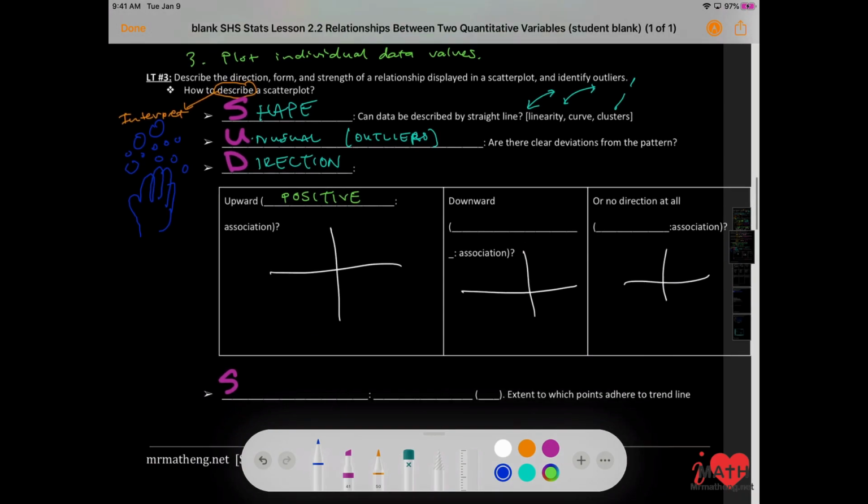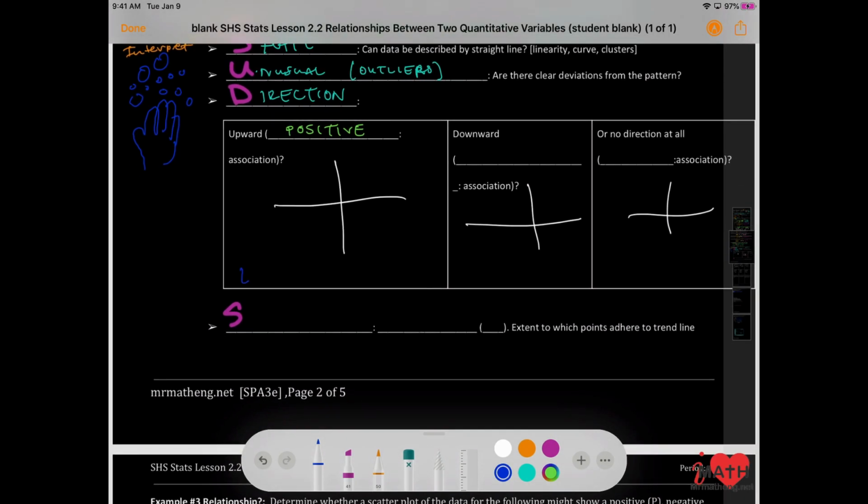In graphs, just like in English, we read from left to right. So you're reading the graph. Let's say a bunch of data is going in this direction. So we would consider this positive slope, so positive association.